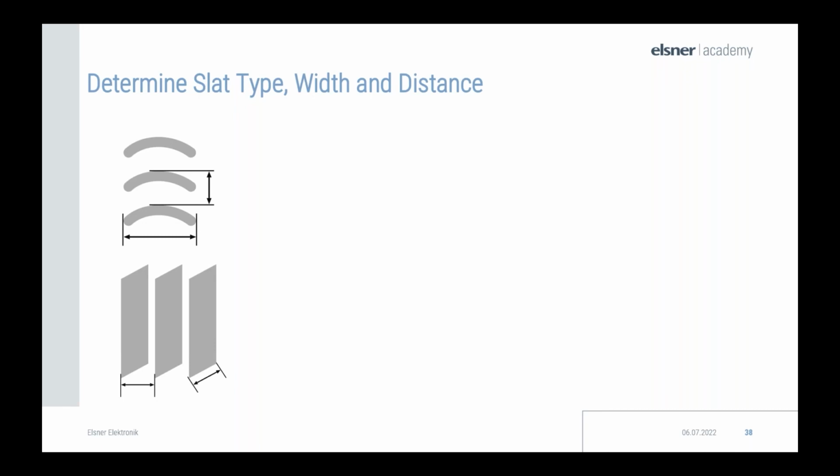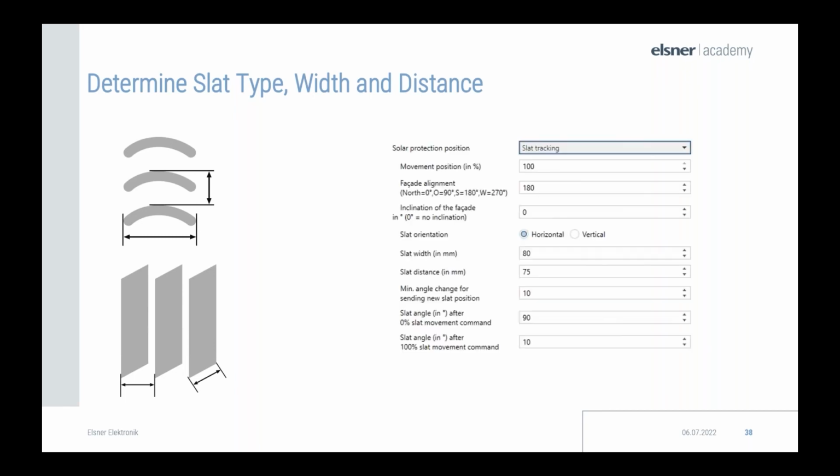Both types of shading can be controlled so that no direct sunlight shines into the room. In order for the shades to be controlled correctly, the distance and depth of the slats must be known. For this purpose, the width and the distance between the slats are measured. These values must be entered correctly in the parameter settings, which can be shown here.